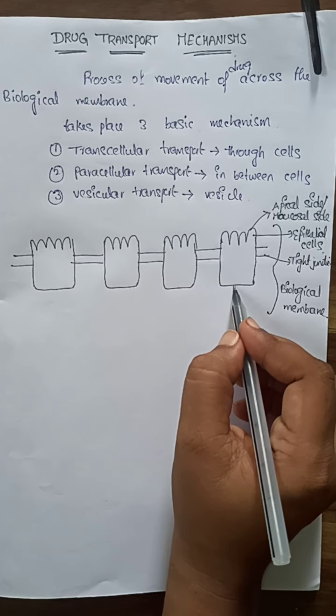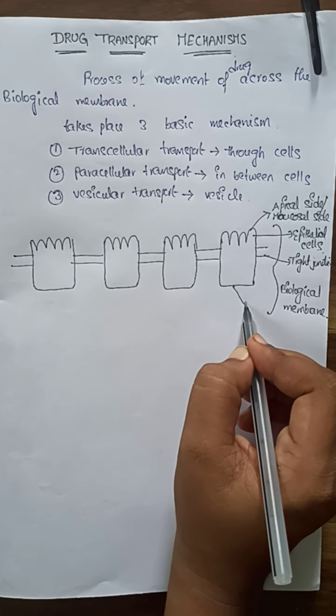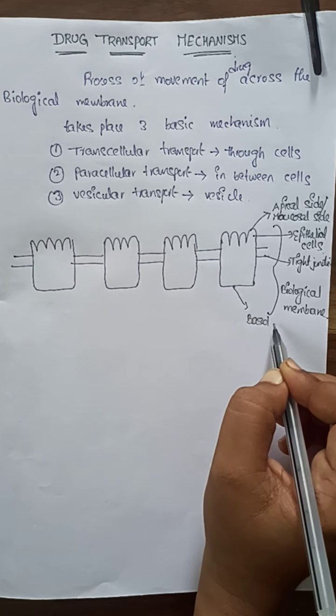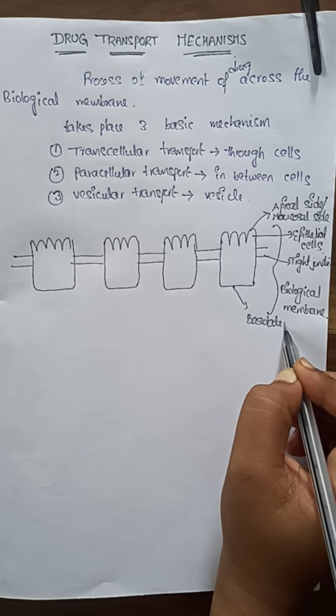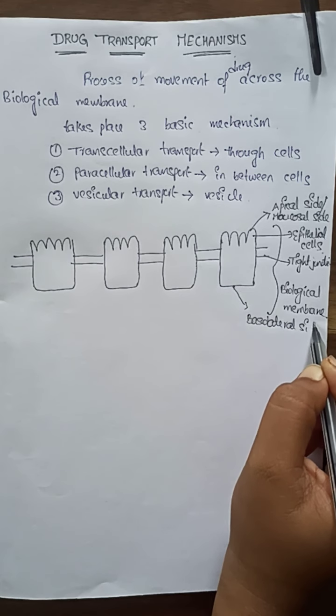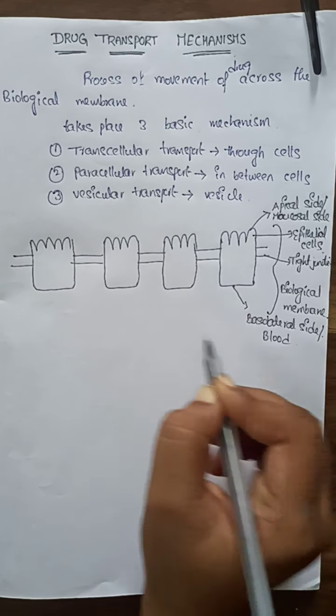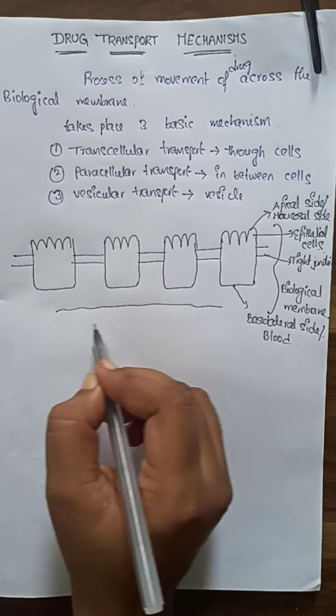Whereas the other side of the cells is known as the basolateral site, or the blood site, where we can see the blood capillaries.